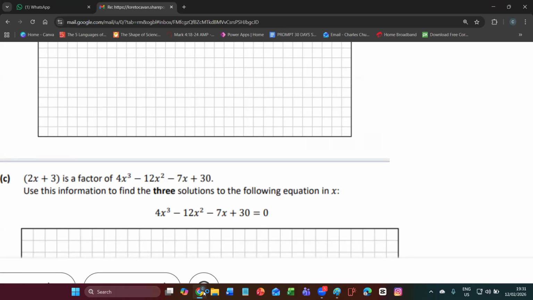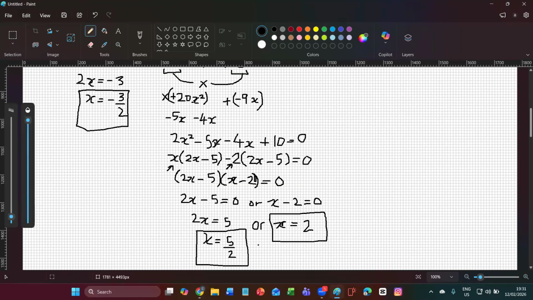But if you see this graph that has 4x cubed, if you actually try drawing it, but I don't think anybody will tell you guys to draw this, but if you could draw it, you will see that the graph will cut the x axis in three places. Now what we just did was we were finding those three places without actually drawing the graph.